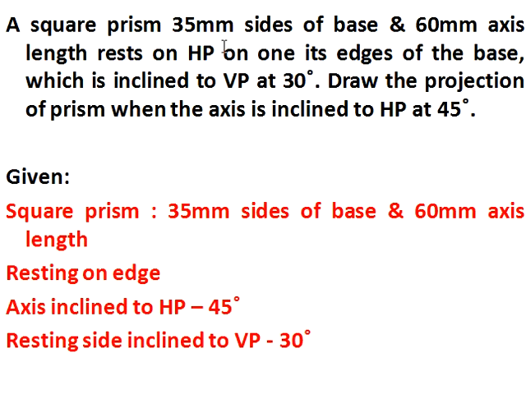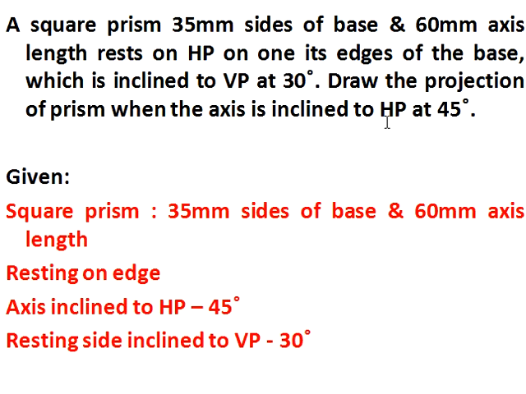So if you go through this first sentence, here it is given that it is resting on HP on one of its edges of base. So we have to start from edge condition. It will be similar to planes problems. After that, note down what is inclination with respect to HP, also what is inclination with respect to VP.